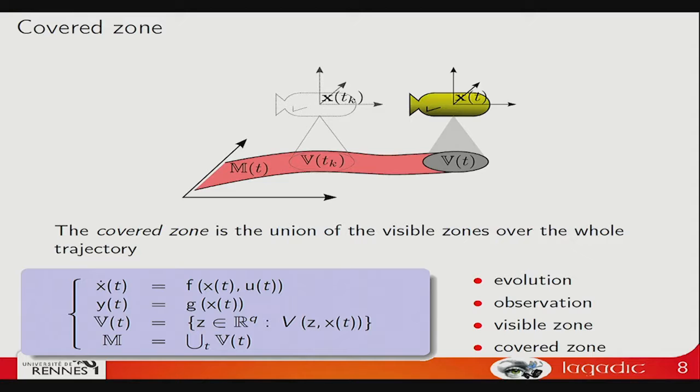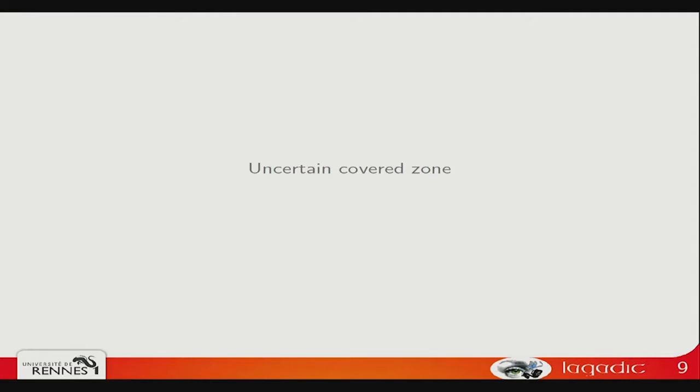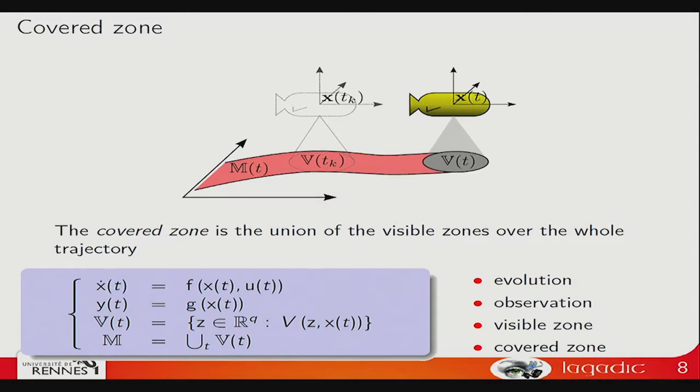And basically we do a mission. What we want to know is what has been covered during the mission. So it's the covered zone, which is the union of all the visible zones during the whole mission. That's the problem, but here there was no uncertainty at all, so it's simple.